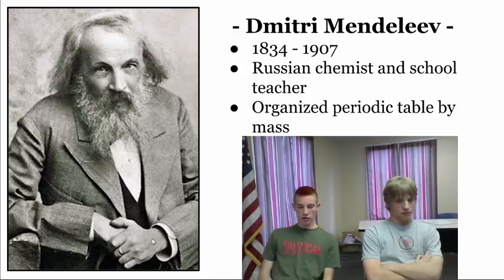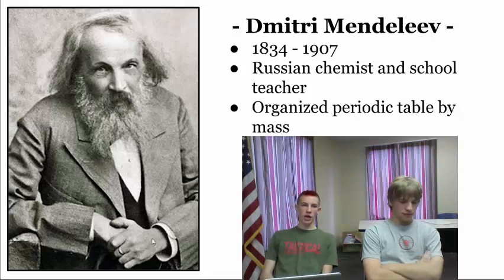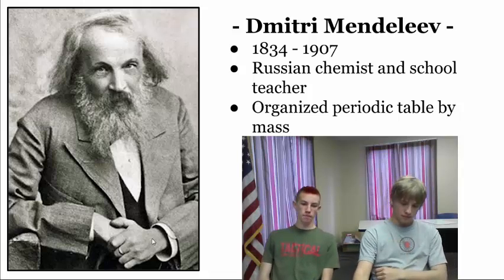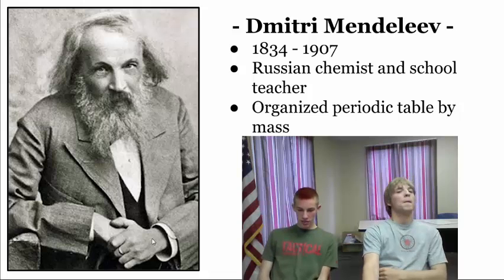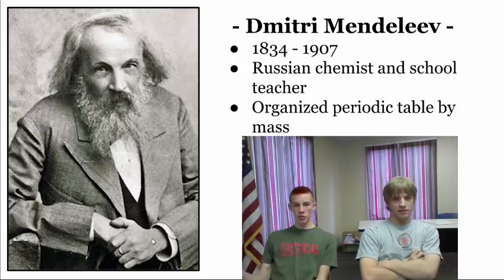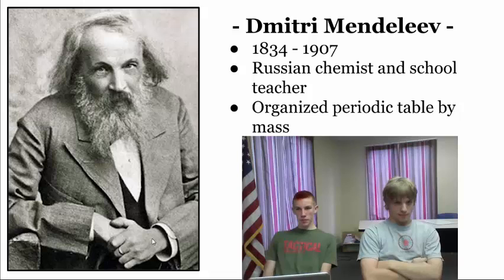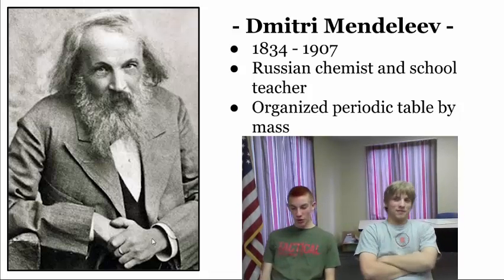So instead of having specific triads of elements, it would go by mass. But this didn't quite work because not all elements act the same as their groups. And so, yeah, that didn't work.